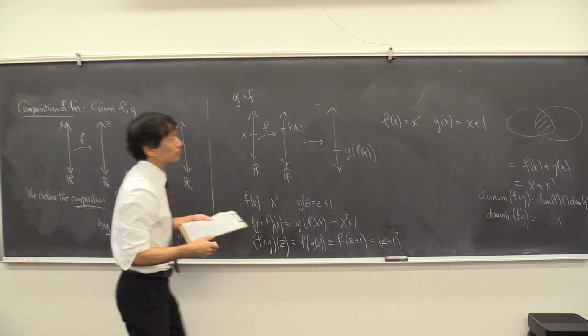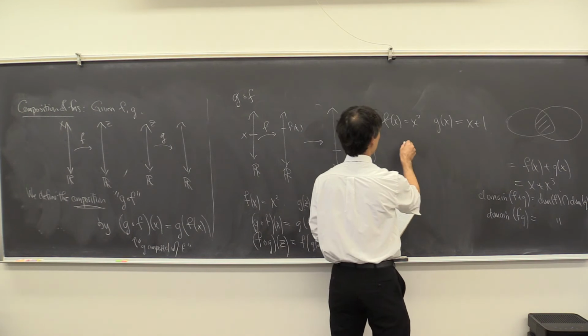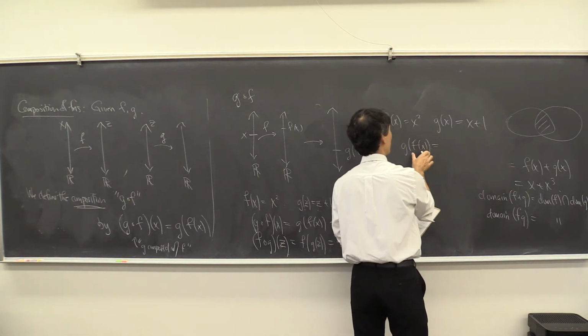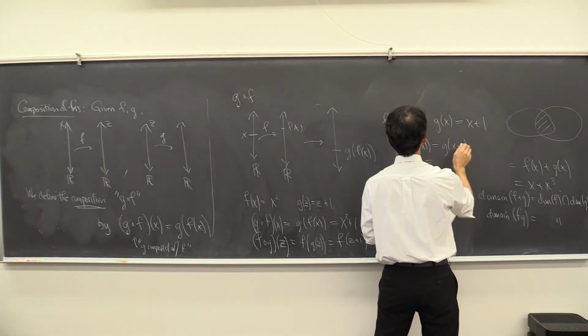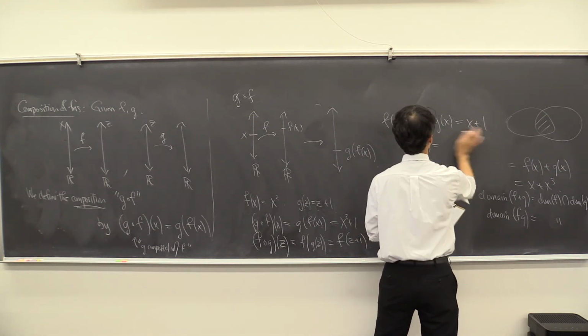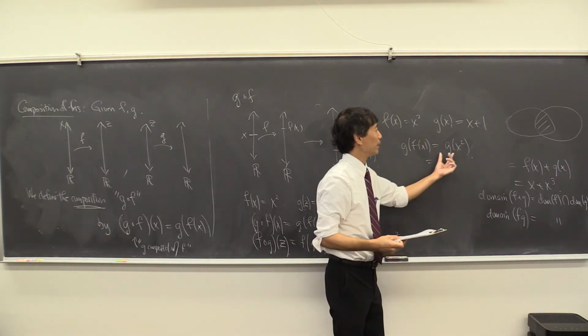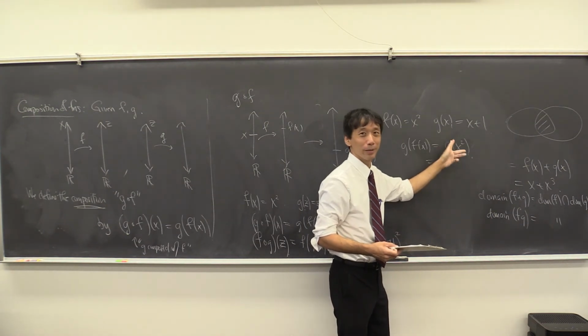But often people will write it like this, and so you would say g of f of x is going to be g of x squared. And then you see it's kind of awkward because then you say, then I'm going to let my x be x squared.